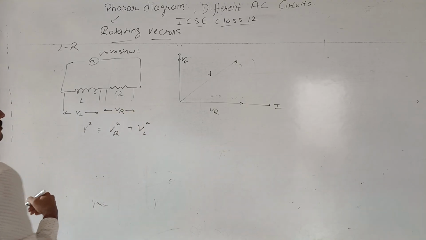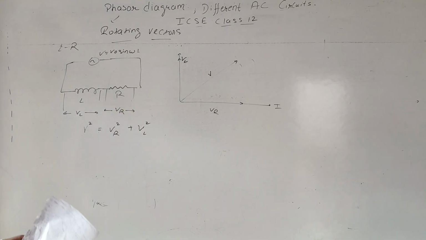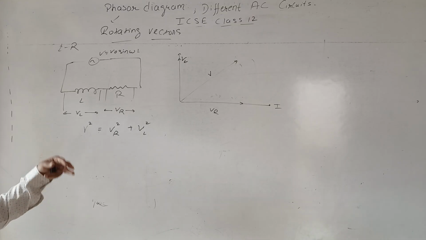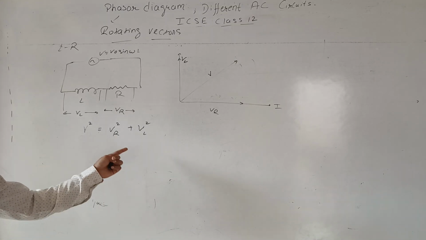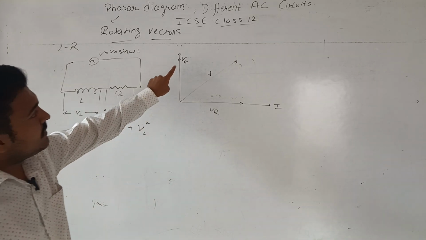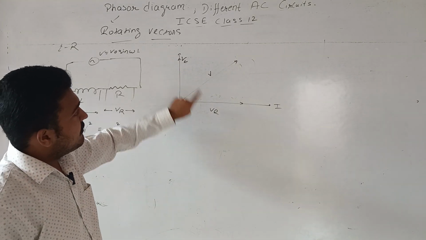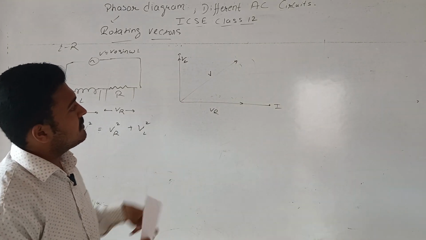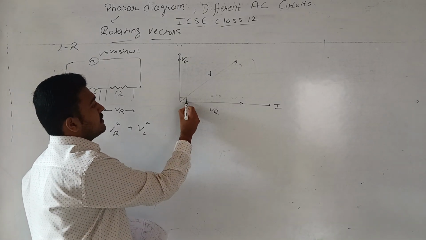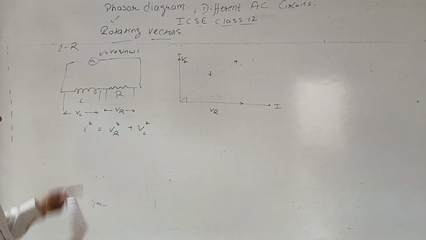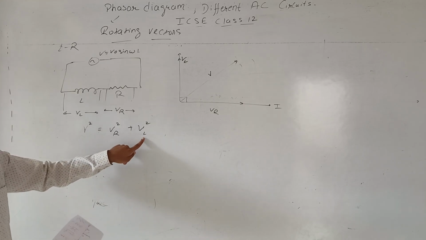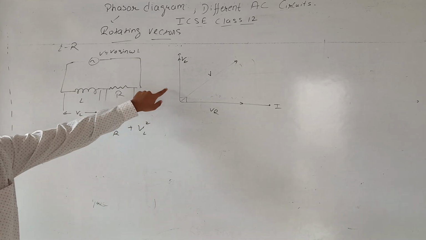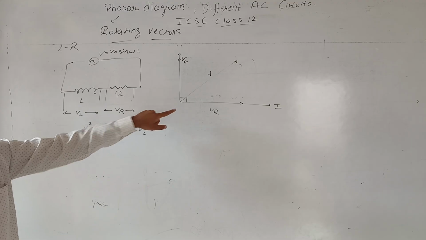The total formula is V equals square root of a squared plus b squared plus 2ab cos theta, but because the angle between a and b is 90 and cos 90 is 0, the resultant formula is V squared equals VR squared plus VL squared. So we are doing this by vector addition.